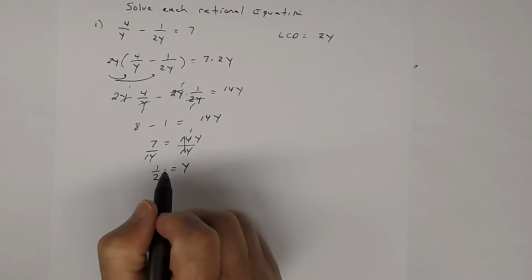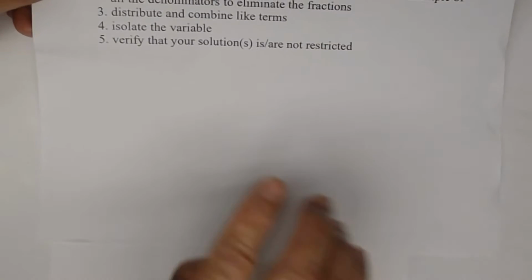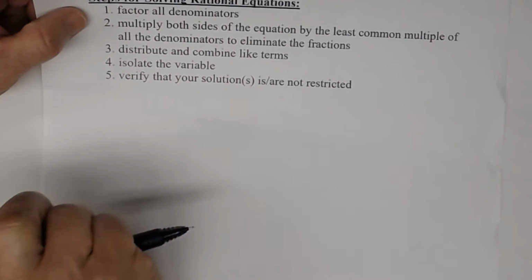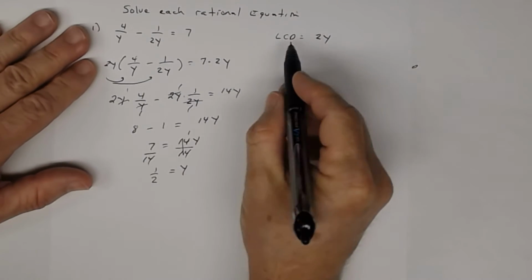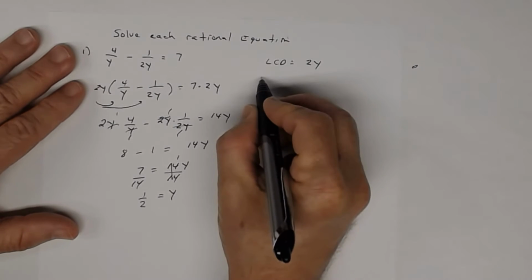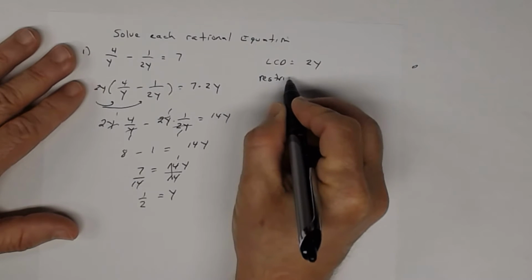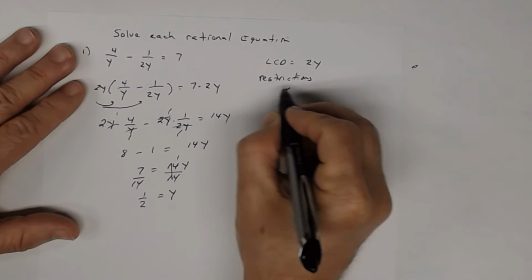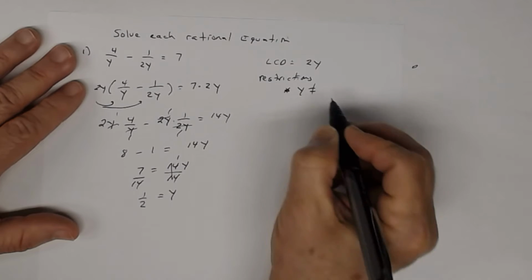one of the other things you have to do in step 5 is to verify that your solutions are or are not restricted. So let's remind ourselves what that means. One of the first things you also want to do besides finding the least common denominator is finding any restrictions to the variable. So what is it that, in this case the variable is y, so what is it that y cannot equal?